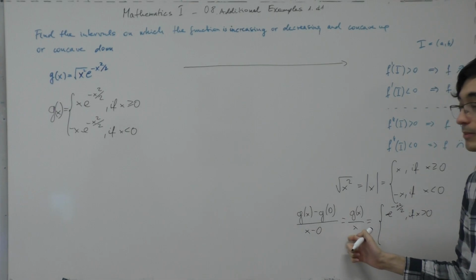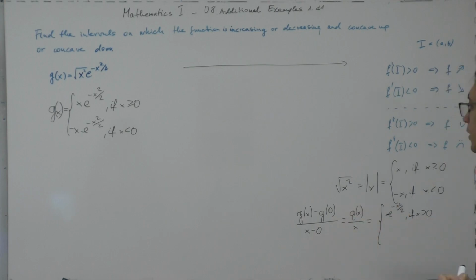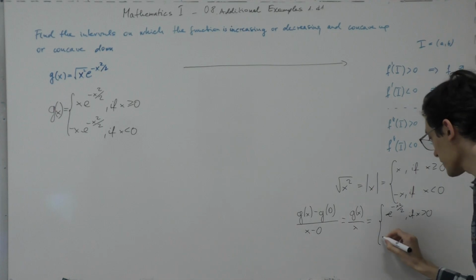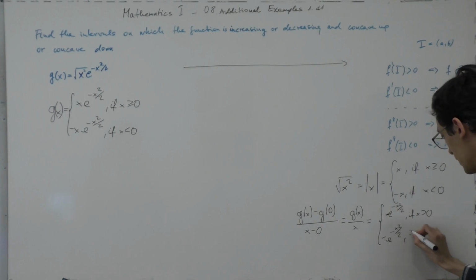Since we divide by x, we cannot divide by 0, so we must leave it out of the domain, and it will be negative e to the negative x squared over 2 if x is less than 0.